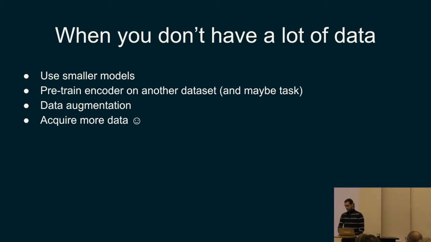Data augmentation is when you corrupt your input images in some way. It might be changing the lighting, changing the color space, translating or cropping it or so. And then this last point is a bit tongue-in-cheek, but it's not completely stupid, because normally the performance of a model will scale roughly logarithmically with the number of data points you have.